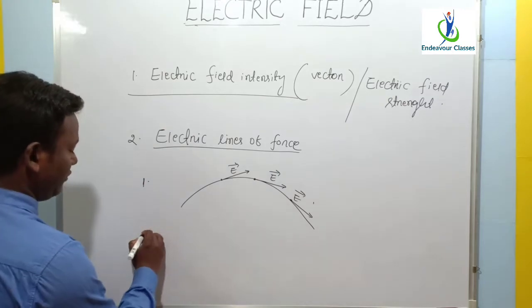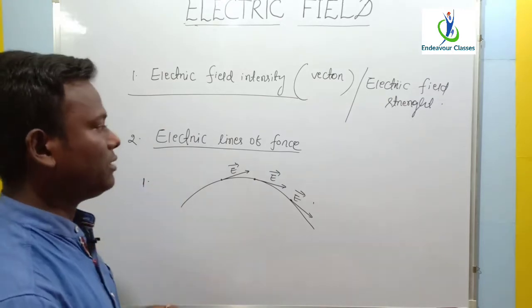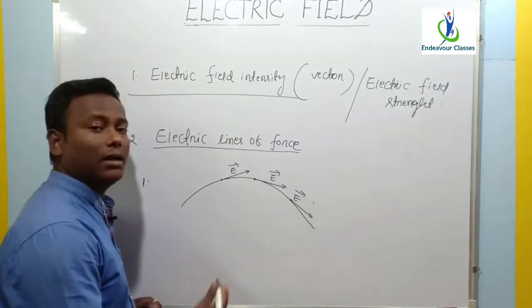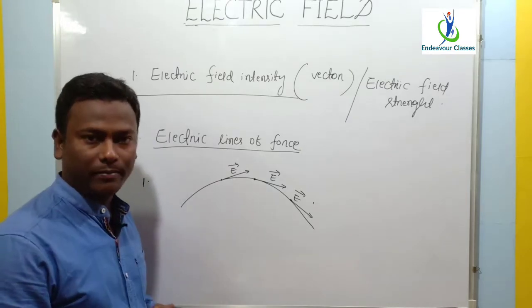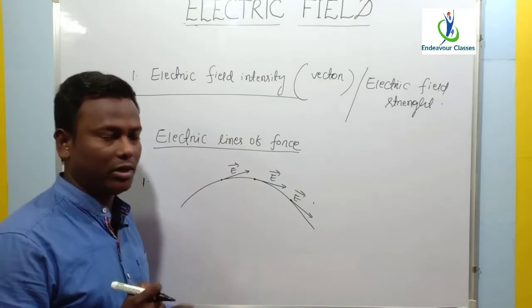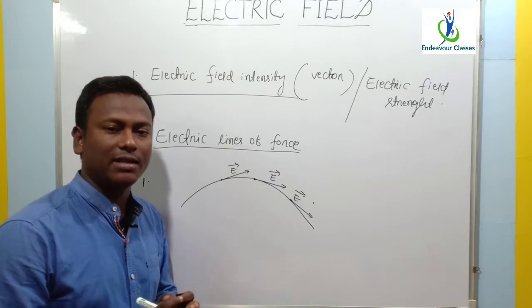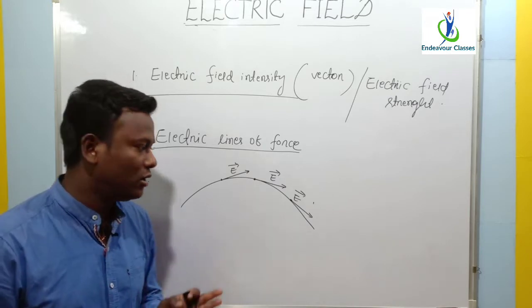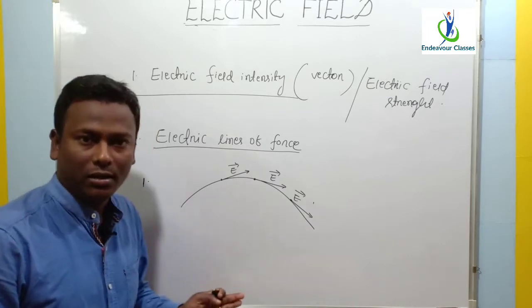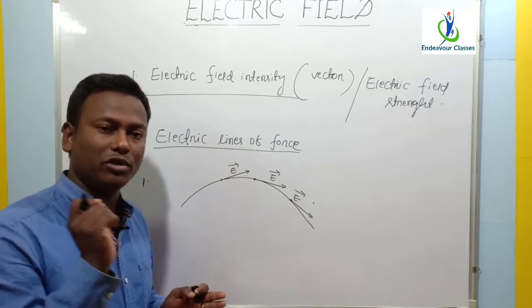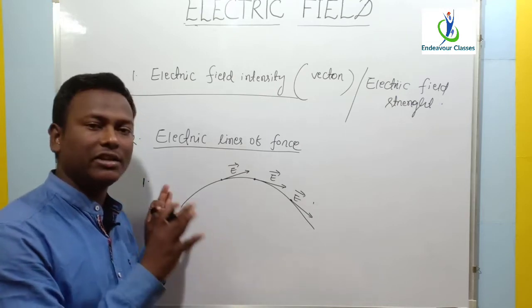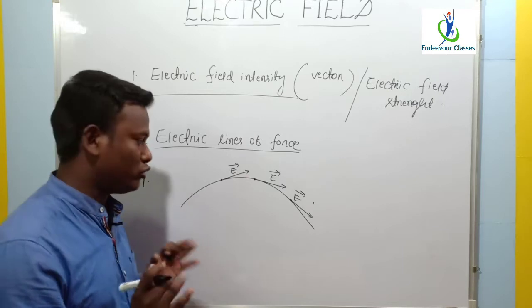Now another definition can be quoted for the lines of force: it is the path followed by a test charge. As we have already discussed, a test charge is a unit positive charge. So it is the path followed by a test charge or a unit positive charge placed in an electric field when it is free to do so.